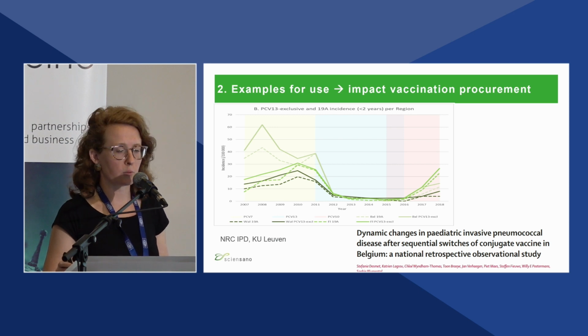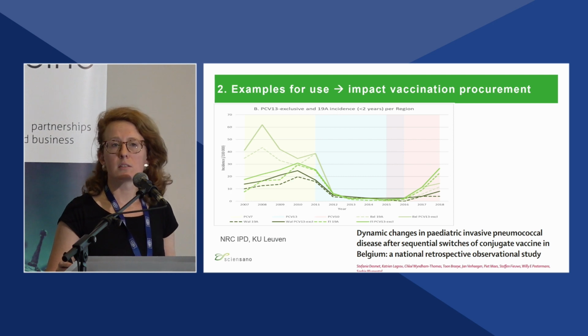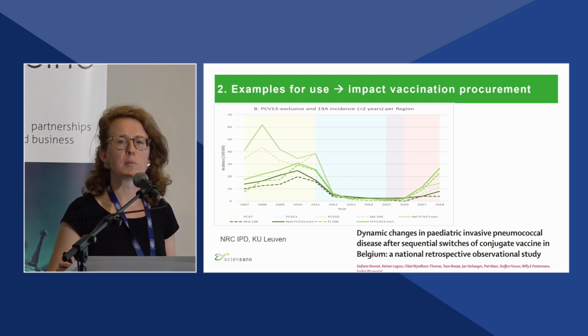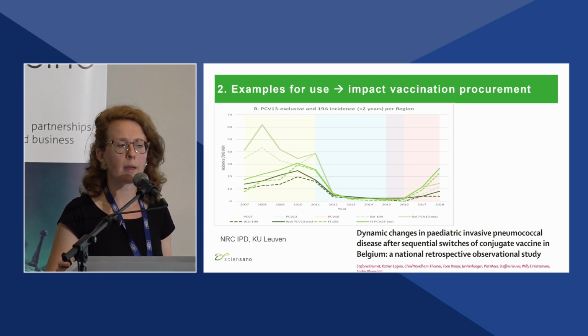I think one really nice example was the PCV vaccination. It's included in the routine infants immunization program in Belgium, but every 4 years there's a new tender that is launched. And then it's, among others, obviously the price that determines which vaccine makes it into the program.